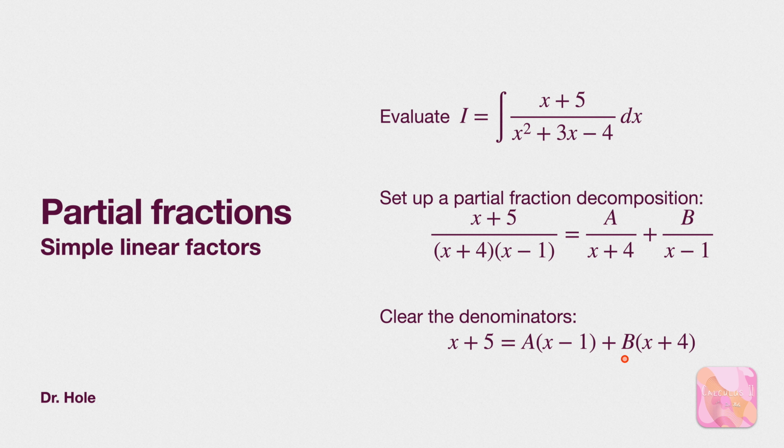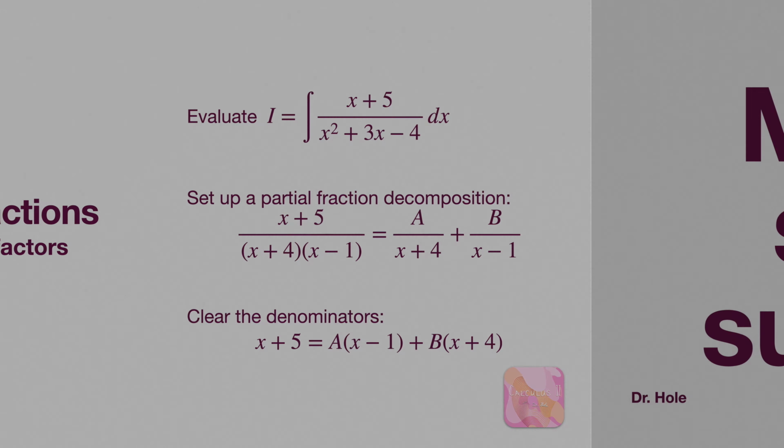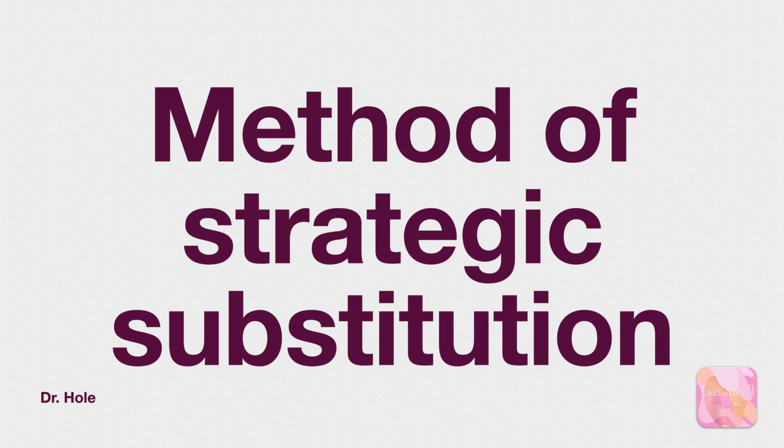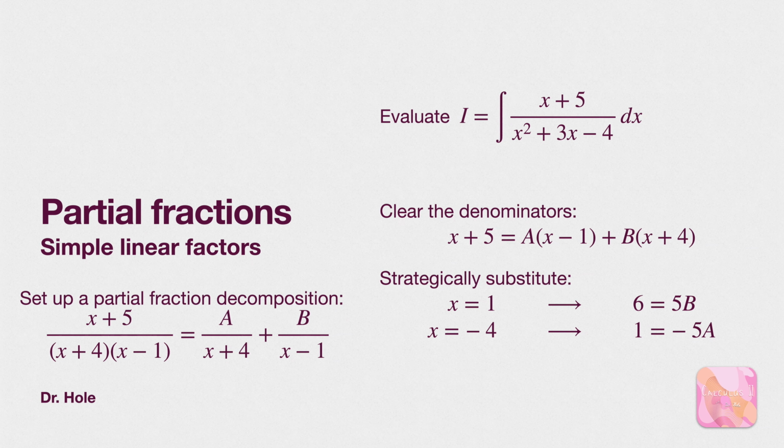And then to determine the coefficients a and b, we'll have two methods. Let's go over the first method, called the method of strategic substitution, which is you look on the right-hand side and you think, how can I eliminate one of the unknowns, a or b? I can eliminate the a if I let x equal 1.